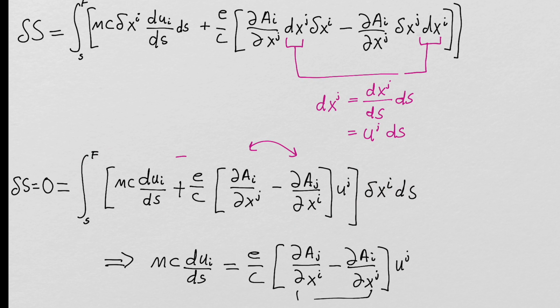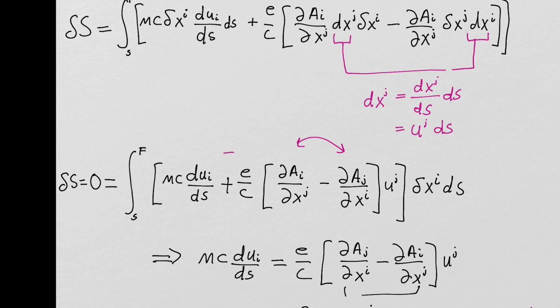It's linear in the variation of the path, and it's being integrated over ds. So now I'm integrating over a real differential, a no-kidding differential, and I've got the variation out here. Phew. So now, using the principle of least action, I set this to 0. So this whole thing has to be 0.